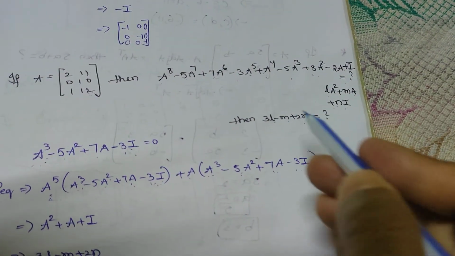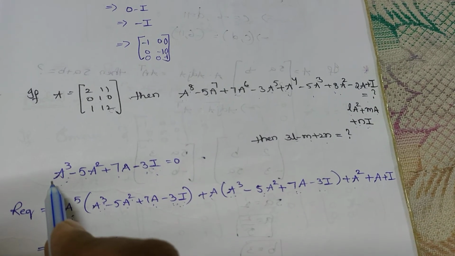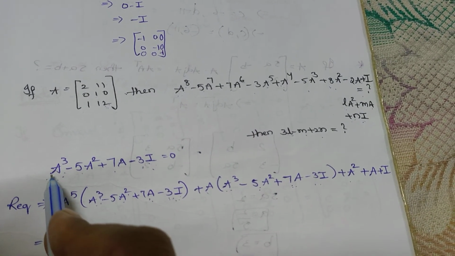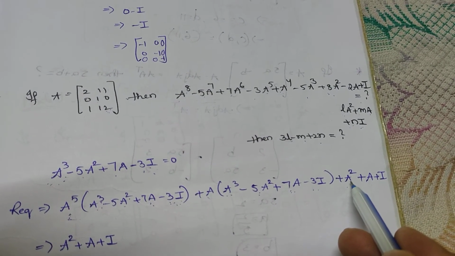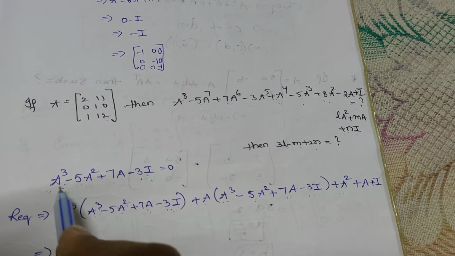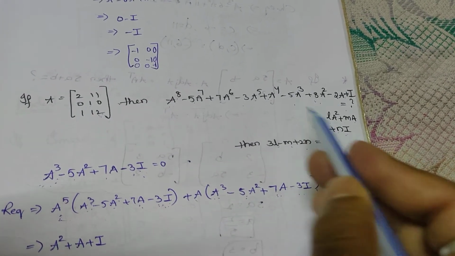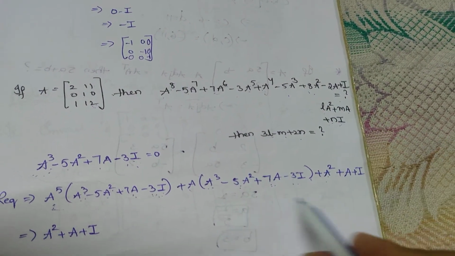To get A square, if you multiply with any matrix you get more than A square, so you never get A square. So just stop multiplying with any matrix. After completing this, whatever matrices we need, just take them.